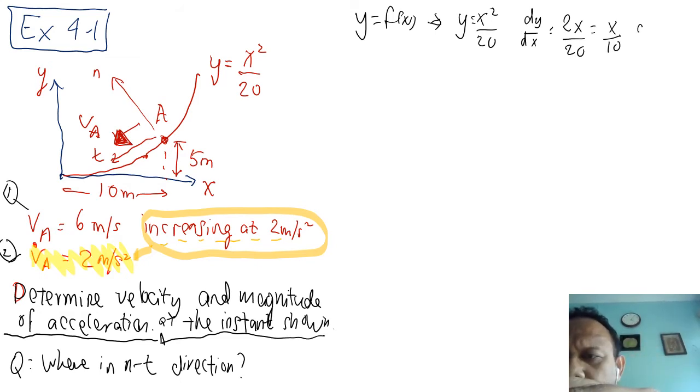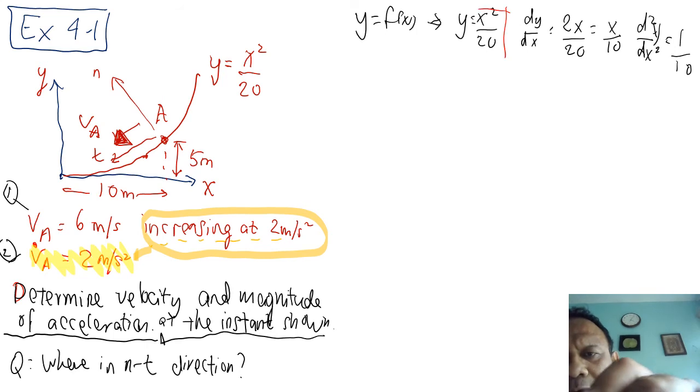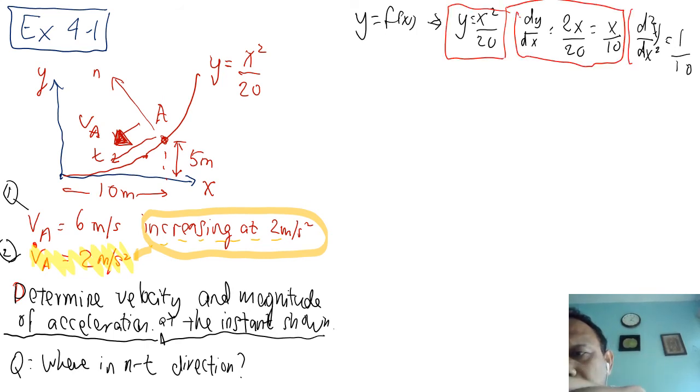And d2y over dx squared equals 1 over 10. So these are the sets of data that we can use.